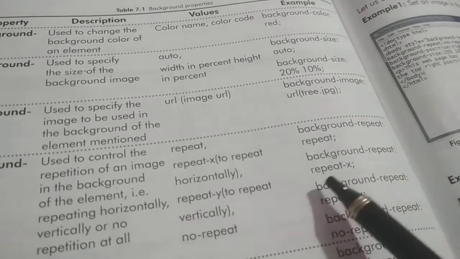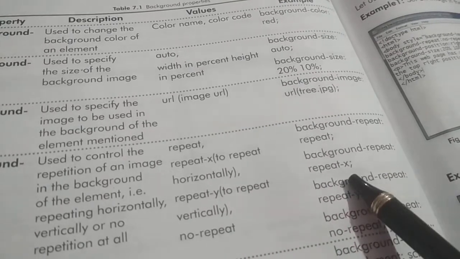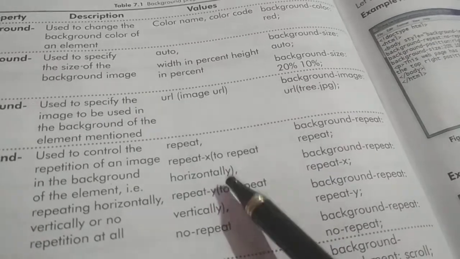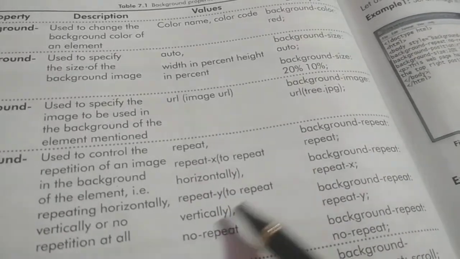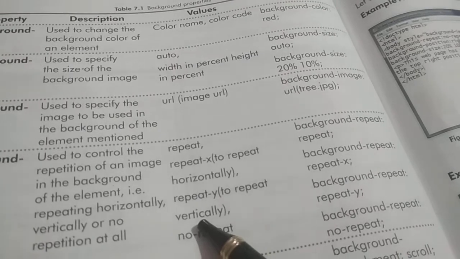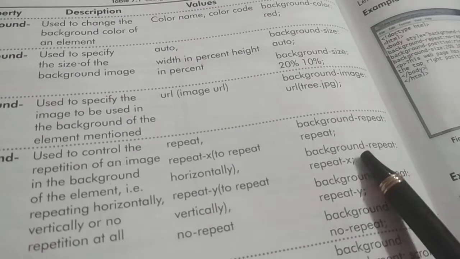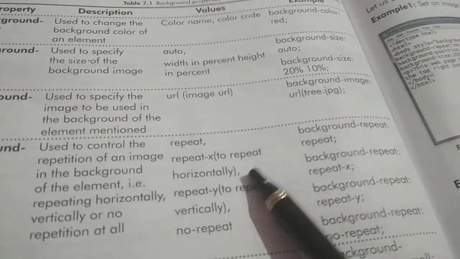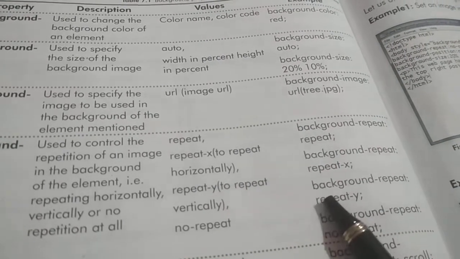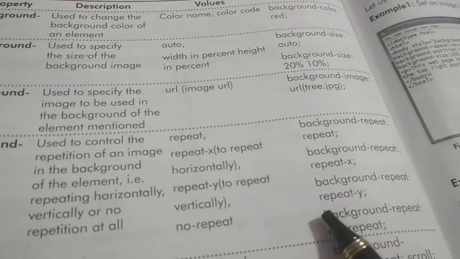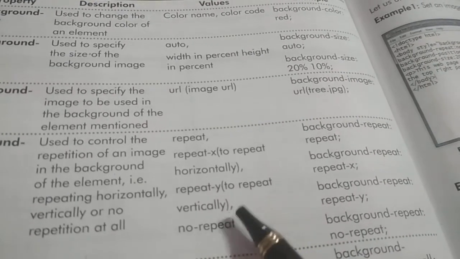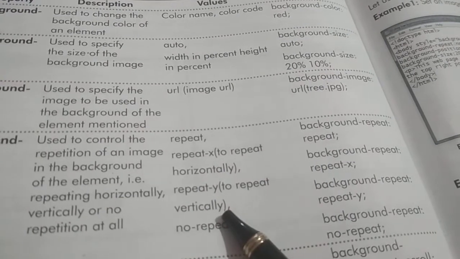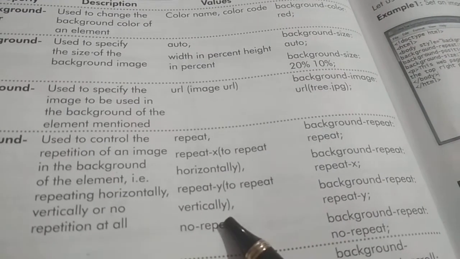Background repeat x means it will repeat horizontally. X axis means horizontally and y axis means vertically. So if you are writing x, that image will be repeated from the horizontal side. Now background repeat y. Repeat y means vertically, so that image will be repeated from the vertical side.